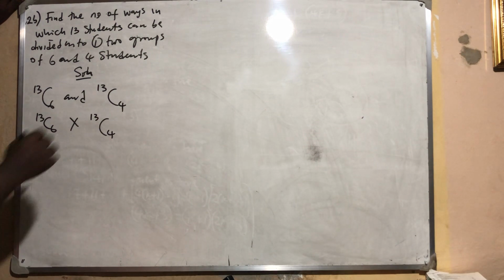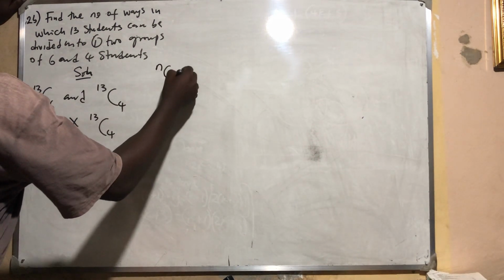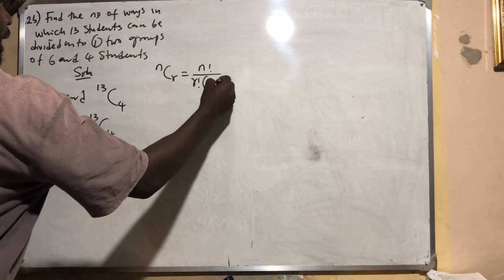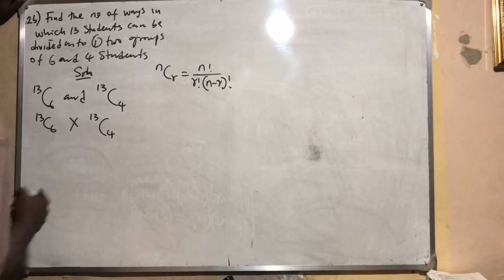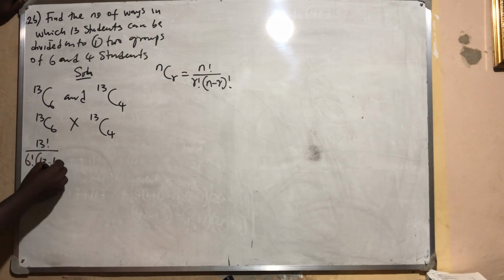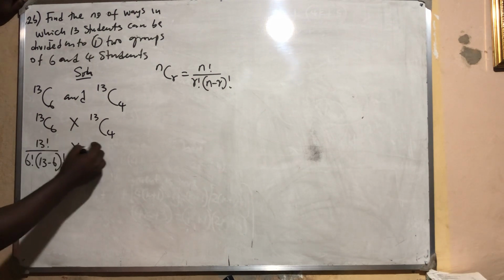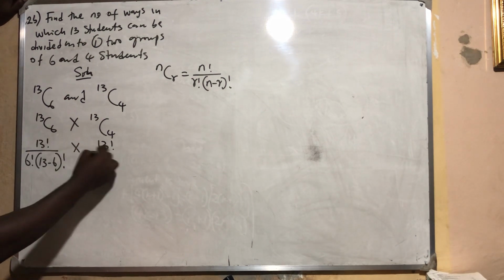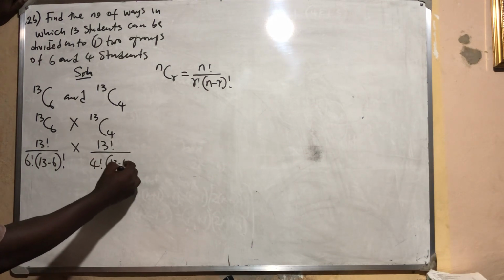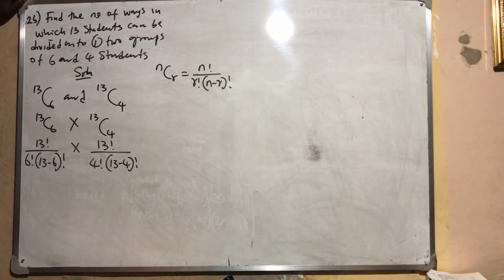And what is combination? Don't forget that n combination r means n factorial all over r factorial, then n minus r factorial. So I'm using the same thing here: 13 factorial all over 6 factorial, then 13 minus 6 factorial, times the same thing here: 13 factorial all over 4 factorial, then 13 minus 4 factorial. So what is factorial?